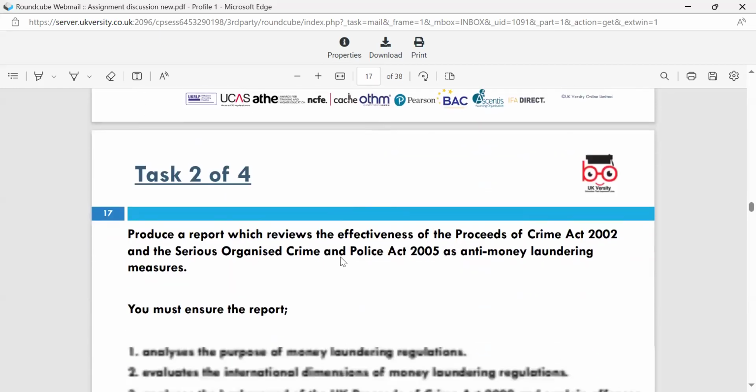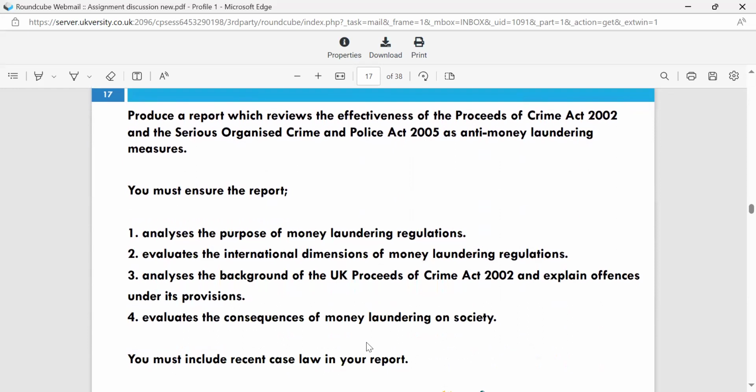For task 2 of 4, you need to produce a report which reviews the effectiveness of the Proceeds of Crime Act 2002 and the Serious Organised Crime and Police Act 2005 as anti-money laundering measures. So you need to be looking at that in regards to Learning Outcome 2.